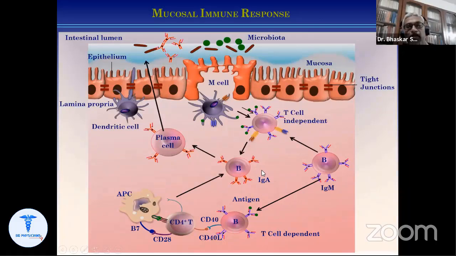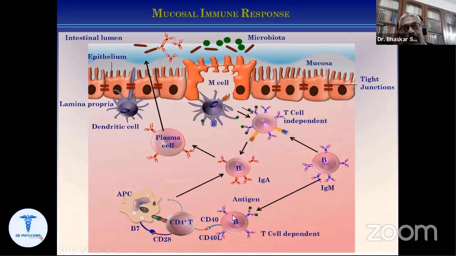And then here is another scheme where the APC, antigen presenting cells, through the T cell receptors, MHC peptide complex, activate the T cells for signal, and the second signal from the antigen presenting cells to the T cells is given by B7 CD28 interaction. And these T cells also have this CD40 ligand, the activated T cells, which can bind to CD40 on the B cells, and this provides a very strong signal to the B cells to survive, that is a survival signal.